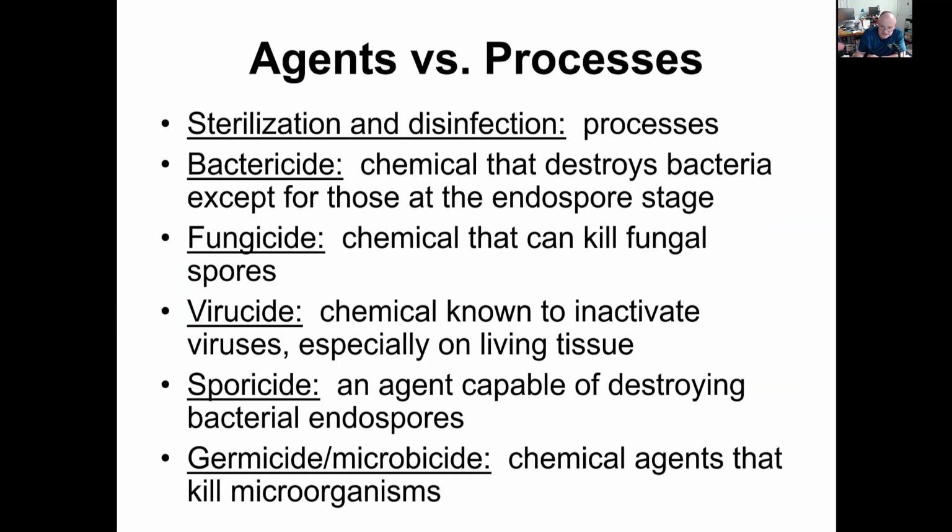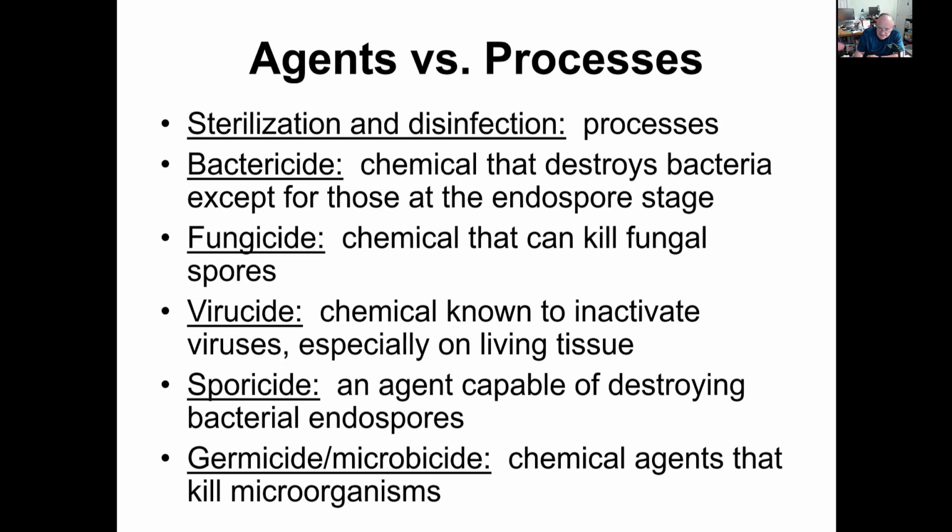It's by law. Agents versus processes. Now remember the title, agents versus processes. Sterilization and disinfection are processes. In other words, there are various things going on, so it's a process. Disinfection, same sort of thing. A bactericide is a chemical that destroys bacteria, except those at the endospore stage, so that is an agent.